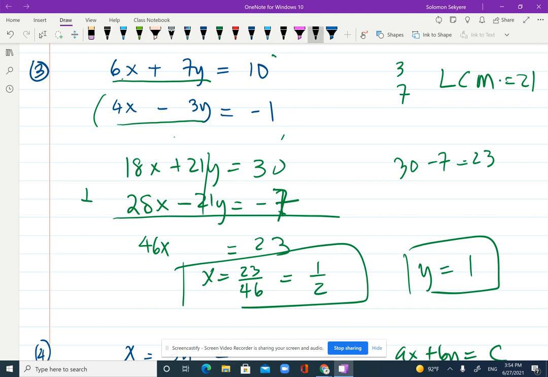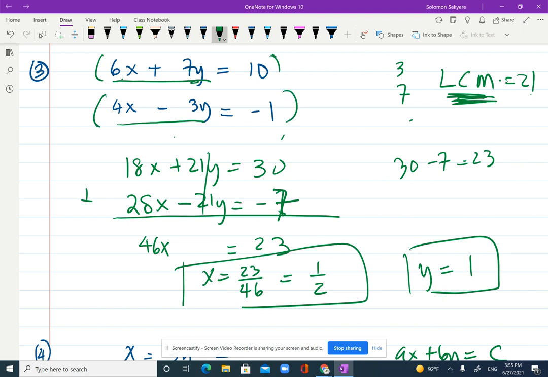Here again, the y's have opposite signs, so we can focus on eliminating the y. So how do we turn 7 and 3 to the same value? We use the LCM. So remember, middle school, okay? The LCM of 3 and 7 is 21. So we need to convert this 7 to 21 and this 3 to 21.